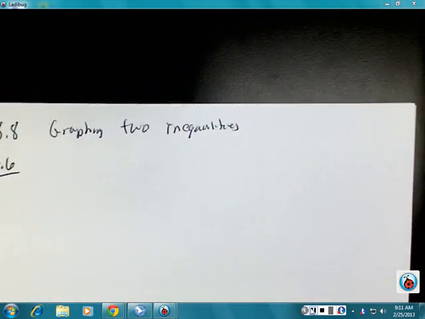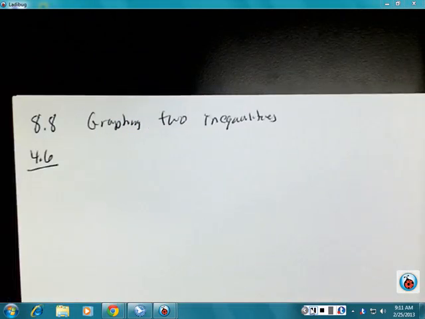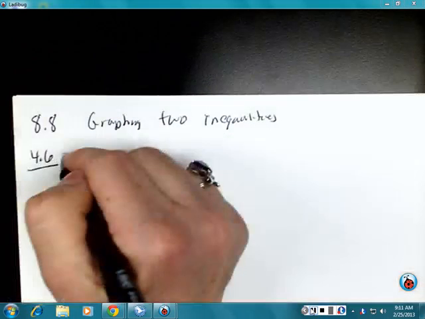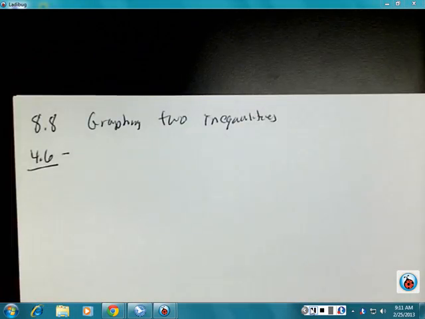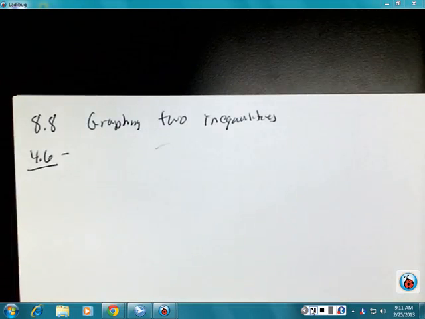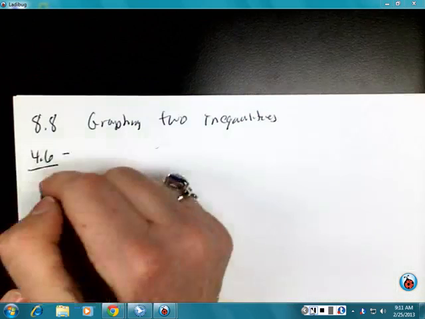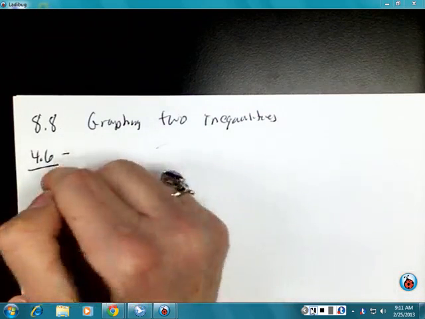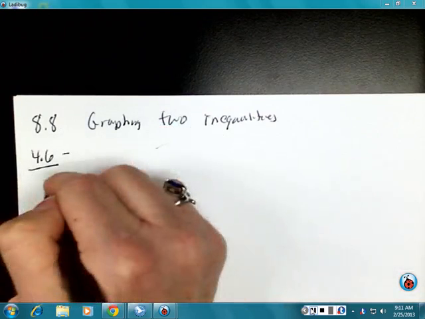In a basic algebra class, 4.6 was where we did this graphing before. So if you need to go back and review anything, 4.6 is where we did graphing with one inequality. And when we did that, we had some special things going on.